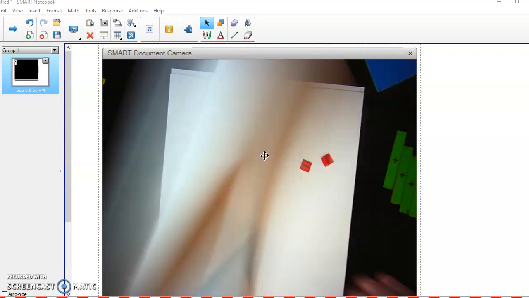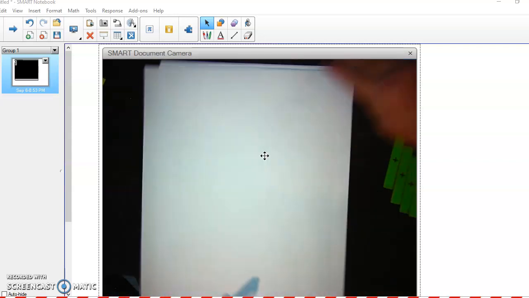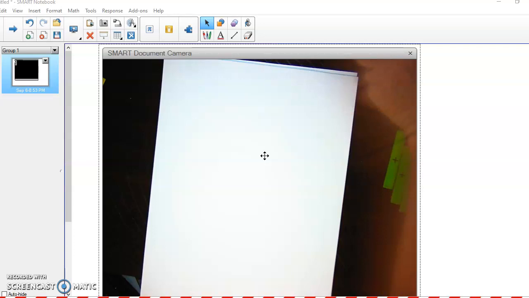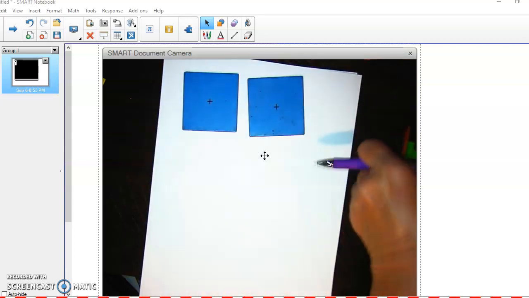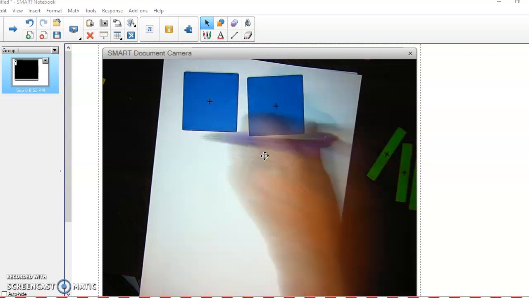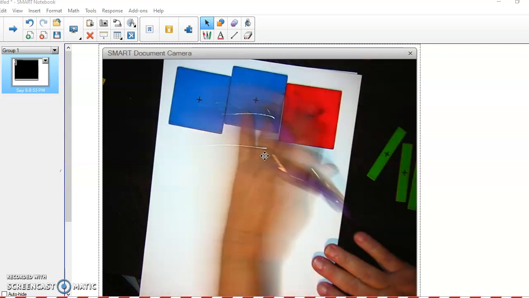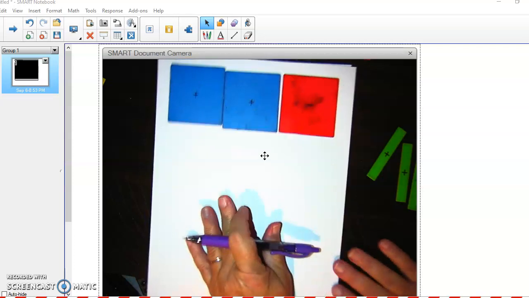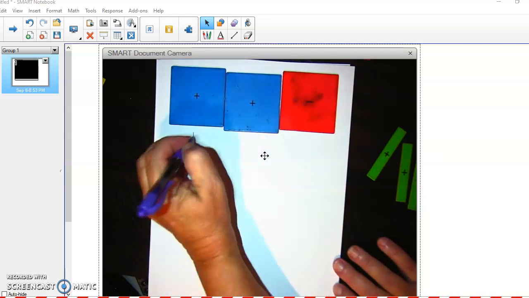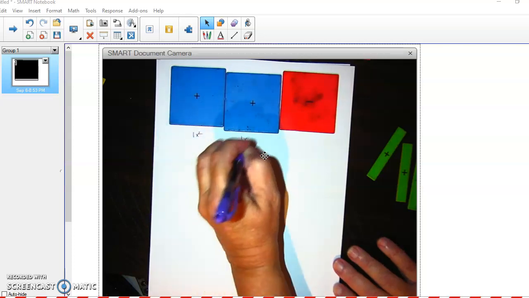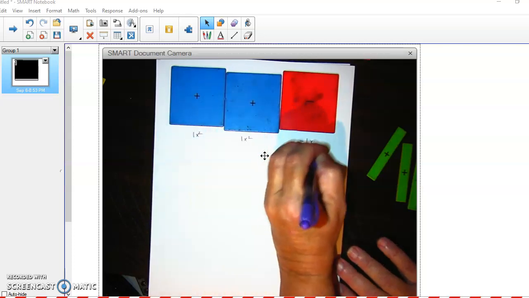Okay, now let's mix it up. So let's use different tiles. So we have this one, and this one. So now we have, they're the same size, but this one's negative, right? So this is a 1x squared, this is a 1x squared, and this is a negative 1x squared.